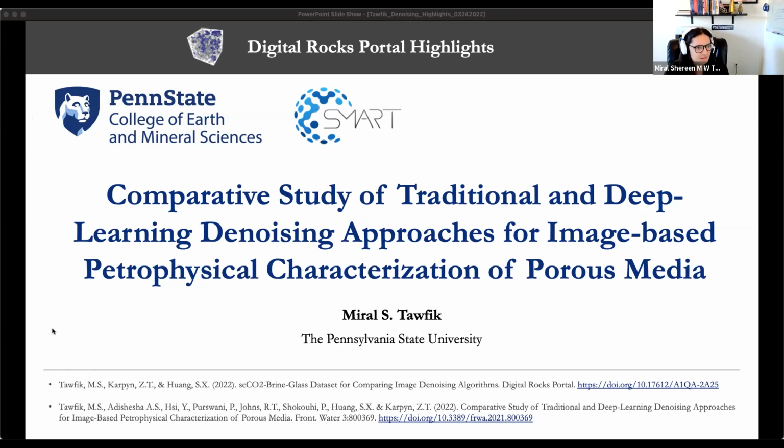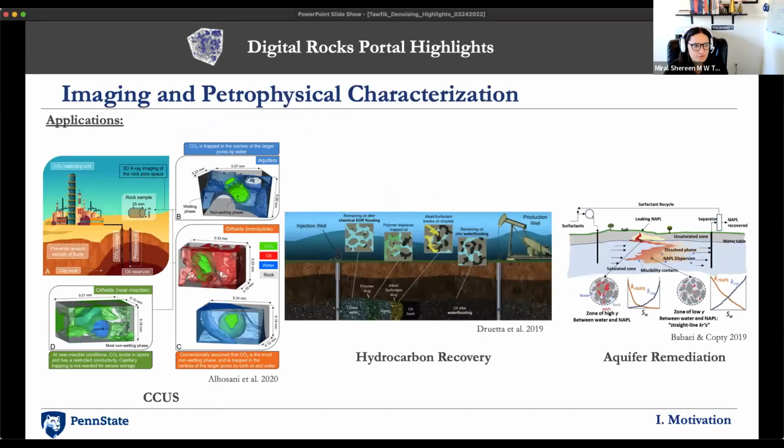So this data set highlight is associated with a comparative study of traditional and deep learning denoising approaches for image-based petrophysical characterization of porous media. So first, I want to start with a quick motivation for this study. In the bigger picture, we use CT images in a wide variety of applications in geoscience.